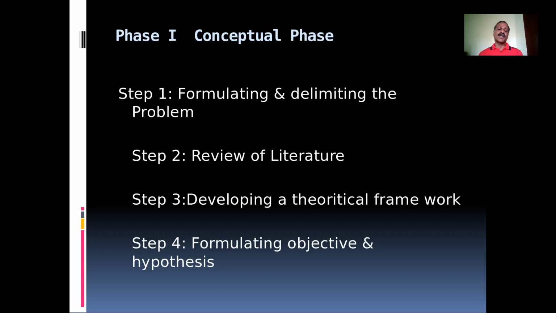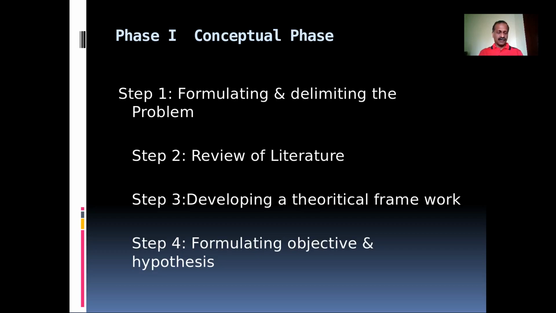Hypothesis is a predicted relationship between the variables. For example, as height increases, weight also increases, or there is a direct relationship between height and weight. So this is a hypothesis. This is what we are going to test in a study.